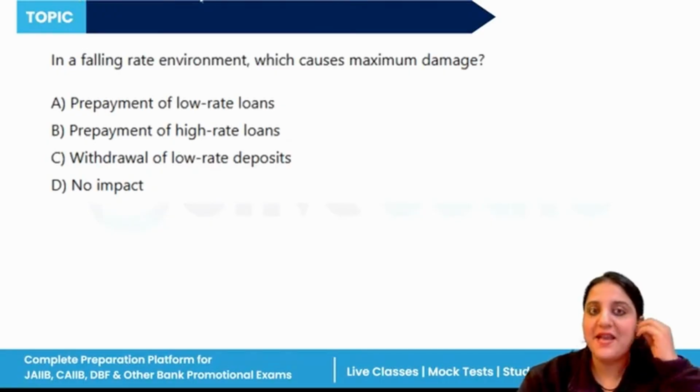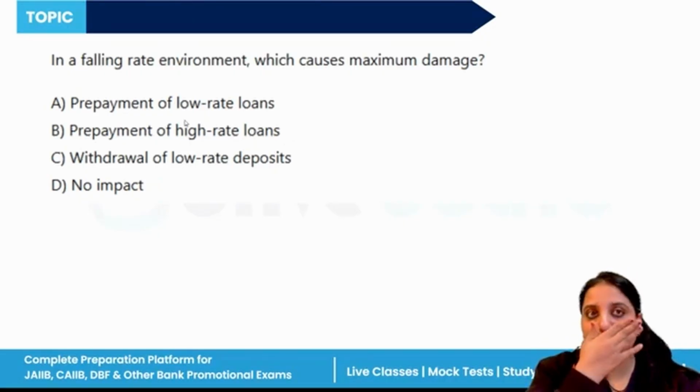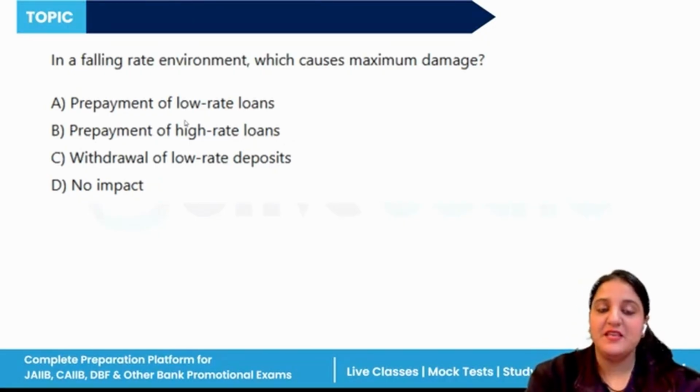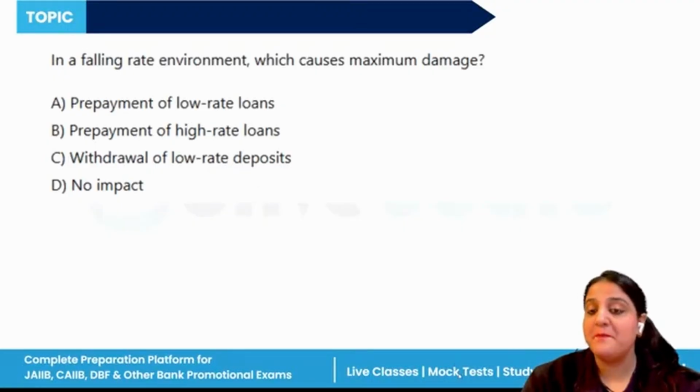See, in a falling rate environment the bank always loses high yield assets and reinvests at the lower rate. Asset yield declines sharply. That means the spread compresses. So that is the convexity risk extension in the IRRBB.